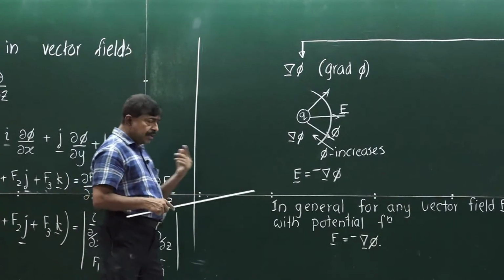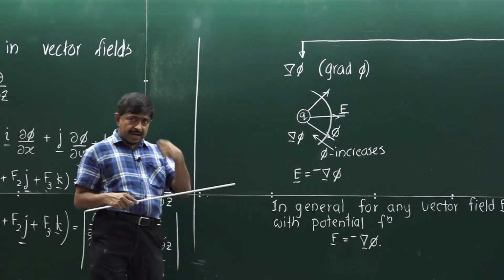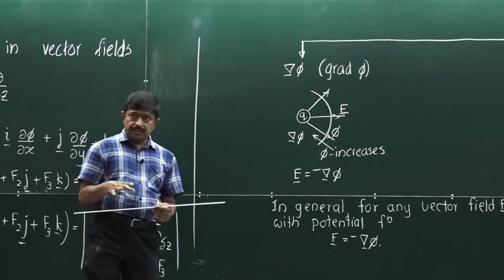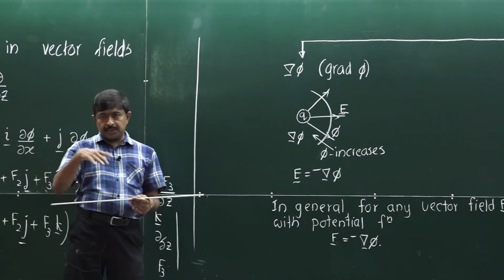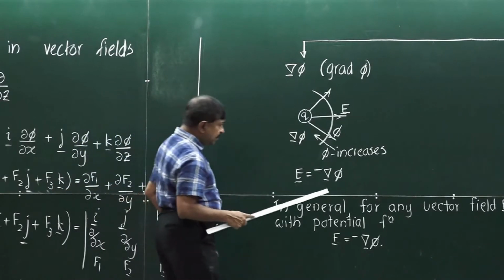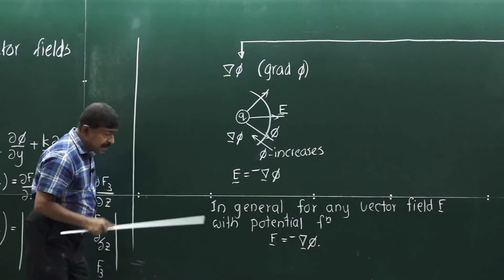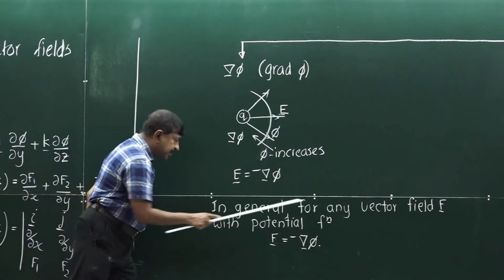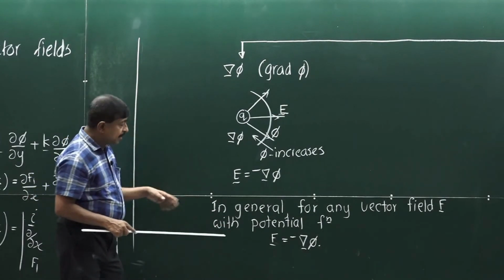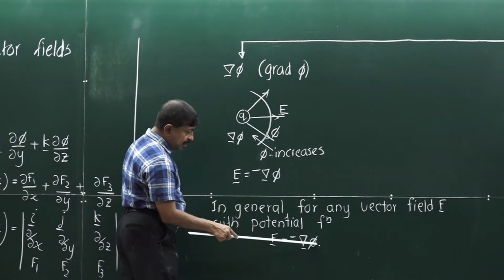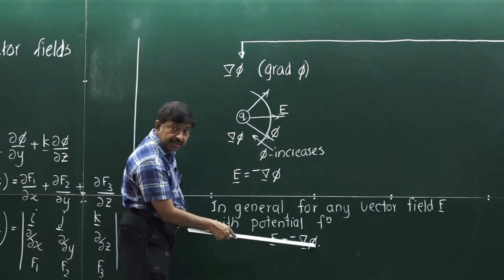Likewise, certain vector fields can be attached with a potential function, but some cannot. If the vector field F can be attached with a potential function, then you can write F as minus grad phi, where phi is the potential function.